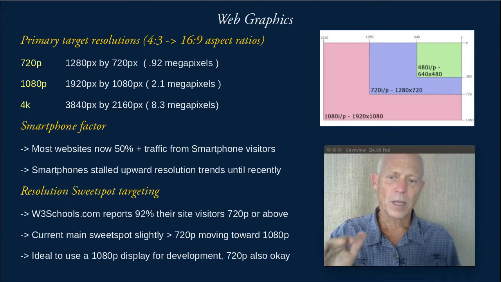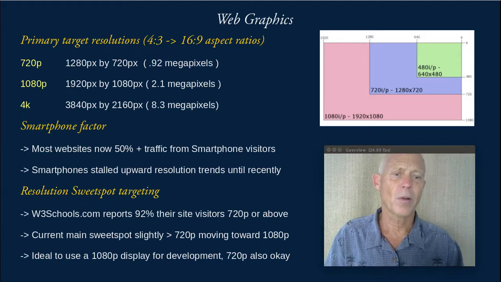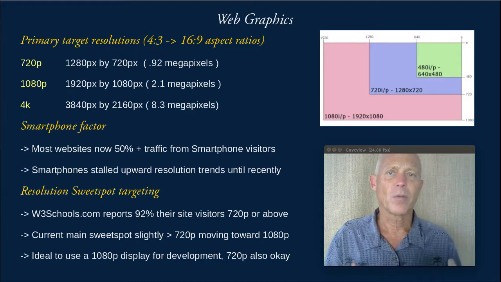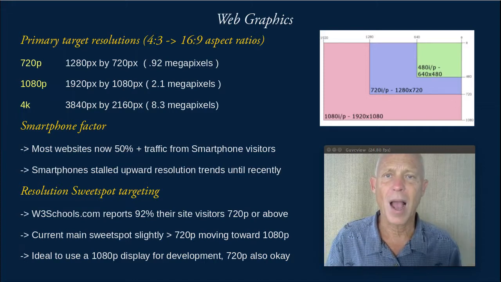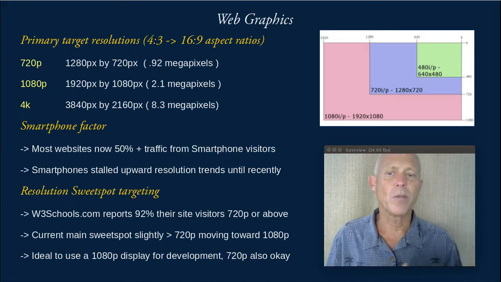So these are formats you can see over on the right hand side of the screen. They've really come from the world of video. Way back we had the 480p display size. Then 720 and 1080 are what are called HD for high definition. And then it's been moving beyond that recently to something called 4K.